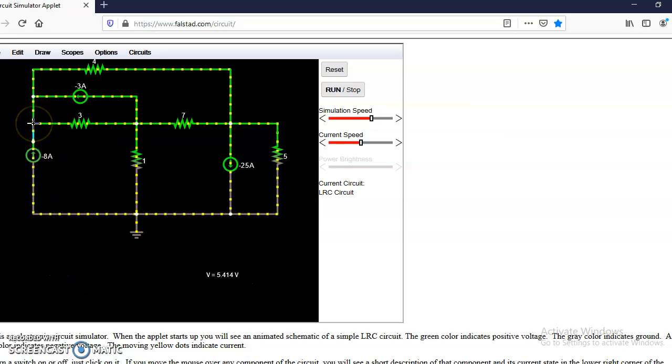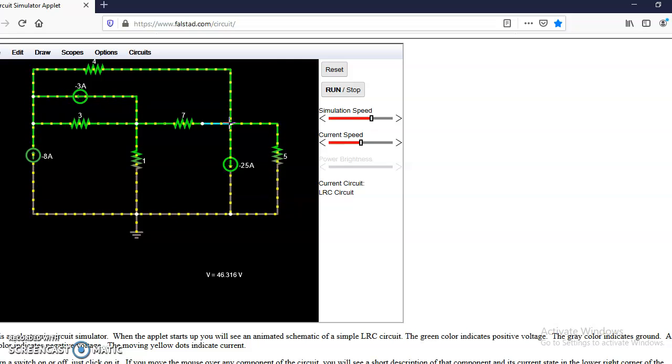Now check the voltage at node 1, or V1. V1 is equal to 5.414, which is exactly the same as we calculated theoretically. V2 is 7.73, again exactly the same value, and V3 is 46.316.